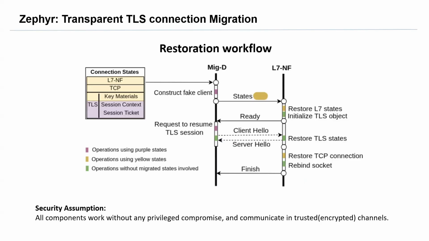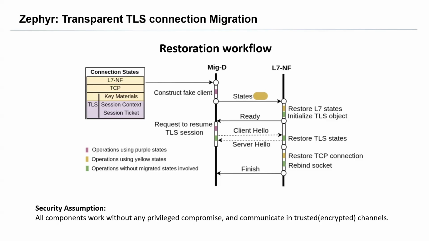Here is the restoration workflow of Zephyr. After the connection is frozen, the source will send all the connection states, including the session ticket, session context, key materials, TCP, and upper layer states to the destination MIG-D. Here is the layout of the destination node. The MIG-D will construct a fake client based on the session ticket and session context, and then release other states to the L7NF. The L7NF then initializes the TLS object.